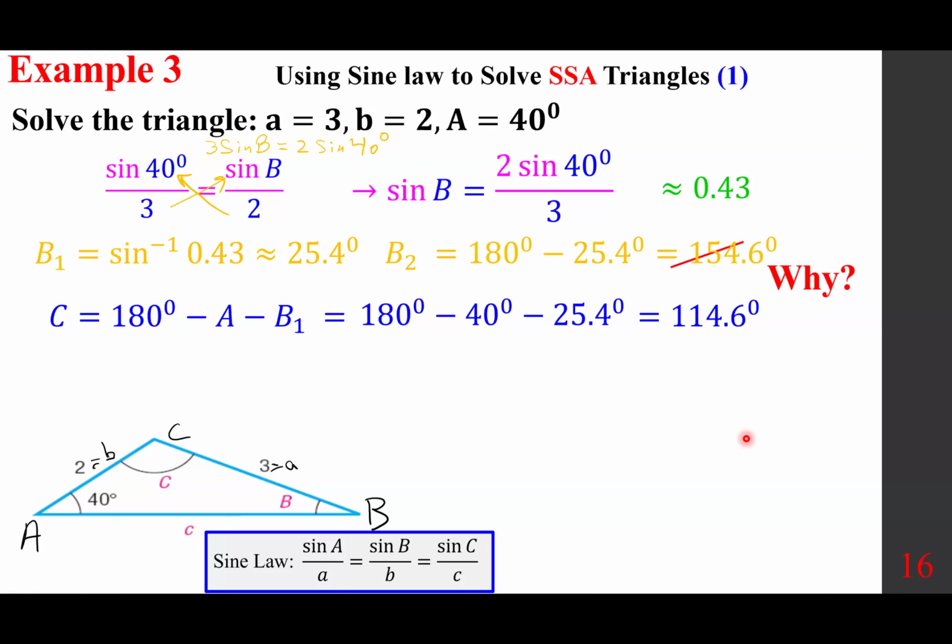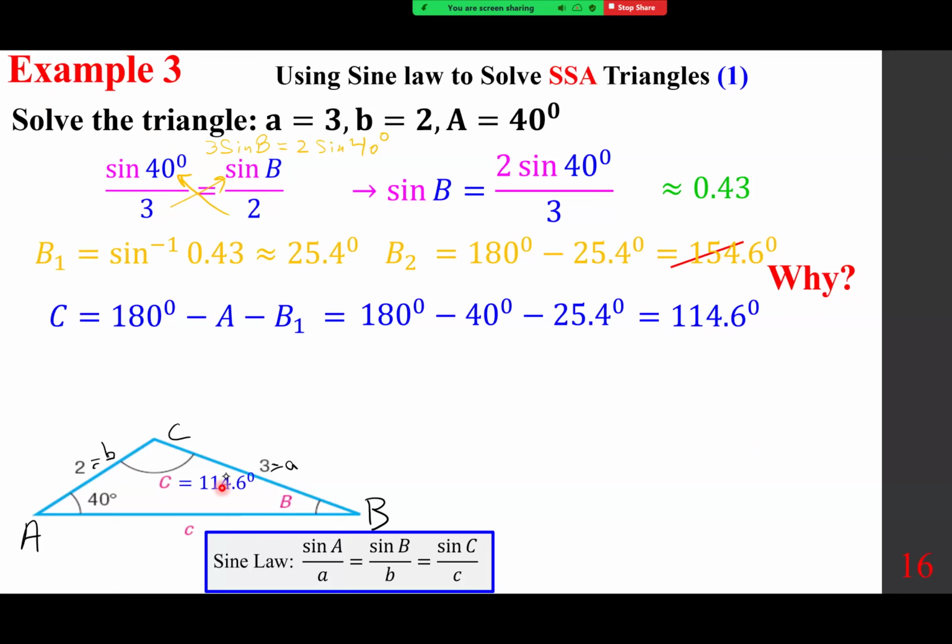Now let's go with the sine law. I'm going to repeat this one because we have it. And now sine B over 2, we're going to say sine C over c. Sine C is sine of 114.6 over lowercase c missing.